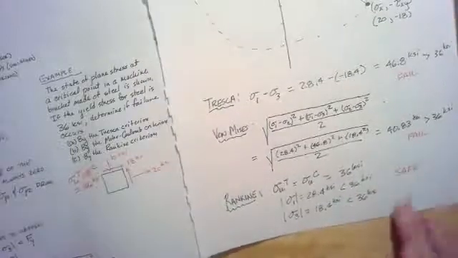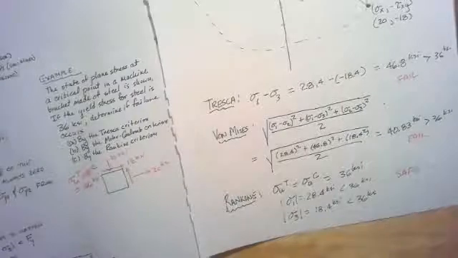However, if I take a look at the Rankine criterion, I'd notice that sigma 1 was tensile and sigma 3 was compressive. So if I was comparing each of these stresses with a criterion of 36 KSI, both of them are less than 36 KSI, and I would predict that the element is going to be safe by the Rankine criterion.